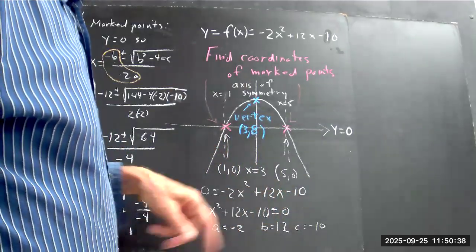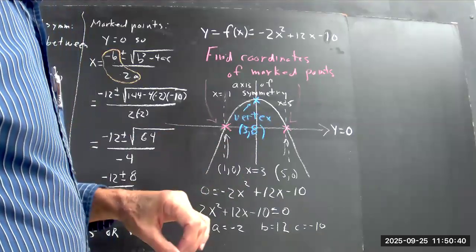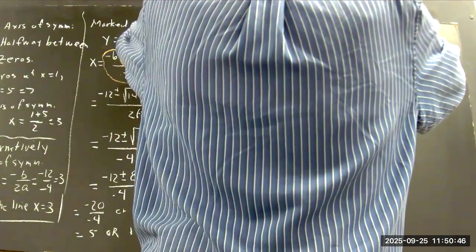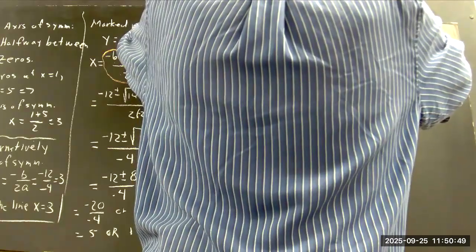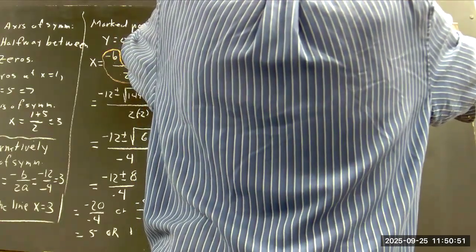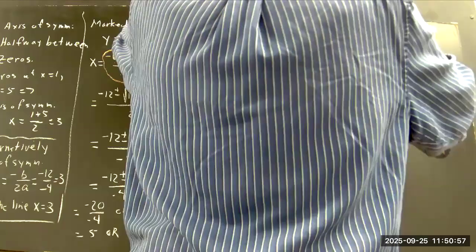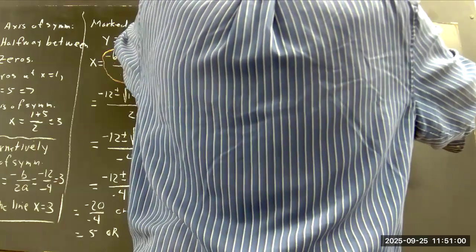So how is this related to the toolkit function? Toolkit function y equals x squared. I'm going to draw a little rectangle here.